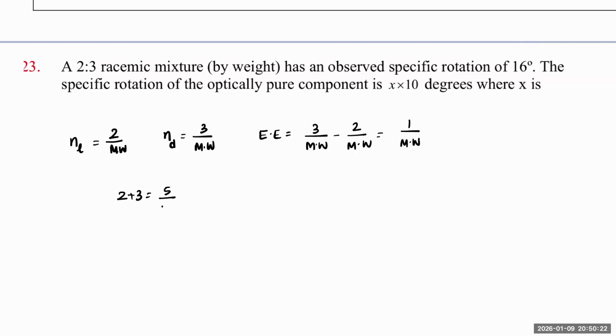So 5 by molecular mass, these are the number of moles. Out of this total moles, this many moles are giving 16 degrees here. Clear? So then 1 mole will give you how much here? So 1 by molecular weight, this much moles is giving out 16 degrees here.